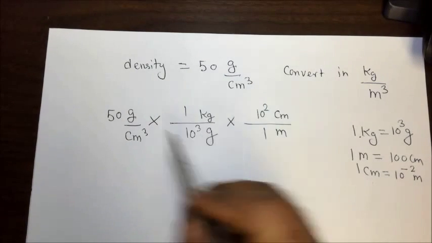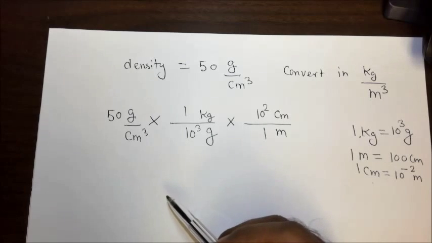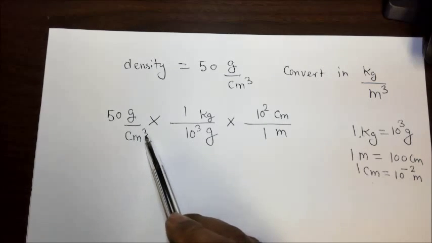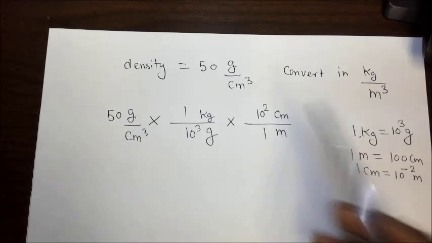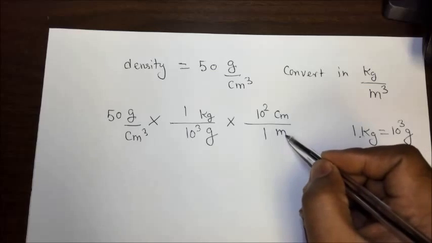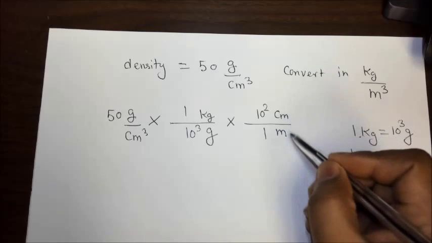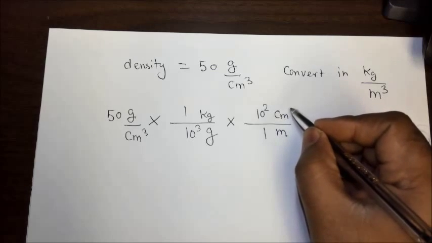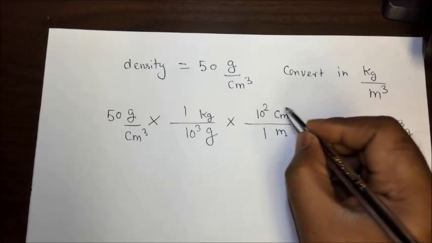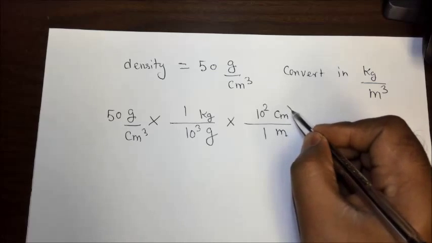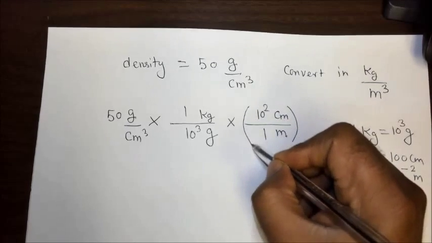So gram and gram can cancel out. Now here is the centimeter cube, and here is the centimeter. So I need to make it cube, and I need to make this as meter cube. Now I cannot just cube the units here. I have to cube the whole thing. You have to cube the numbers also. So I'll put the cube of the whole thing.